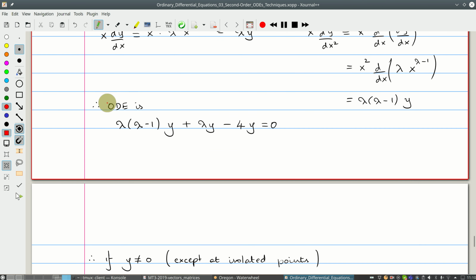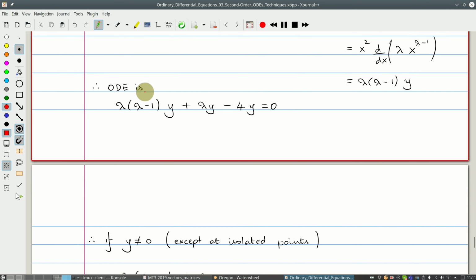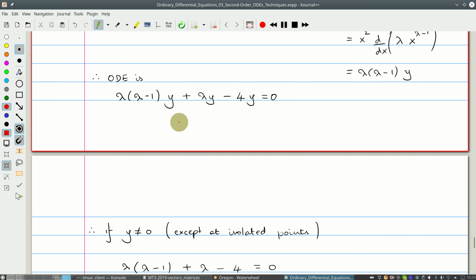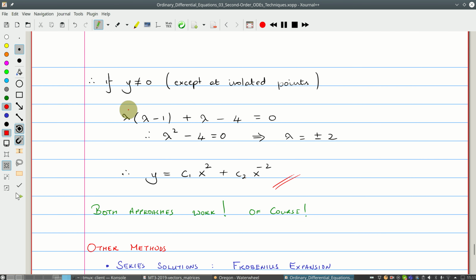So the ODE then becomes lambda times lambda minus 1 times y plus lambda y minus 4y is 0. And if the function y is not 0 except at isolated points, we can divide by y to get an auxiliary equation for lambda. Solve it. Lambda is equal to plus or minus 2, and therefore y is equal to c1 times x squared plus c2 times x to the minus 2 as before. Both approaches work. I find the second one easier, but both work.